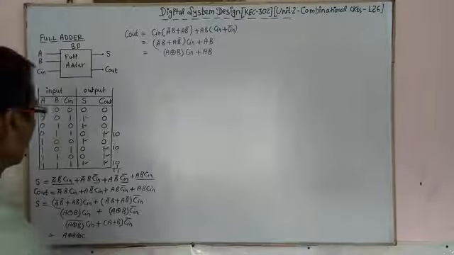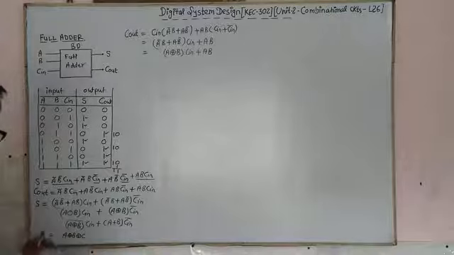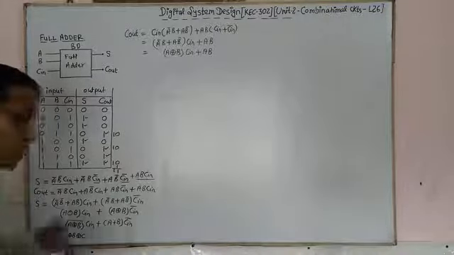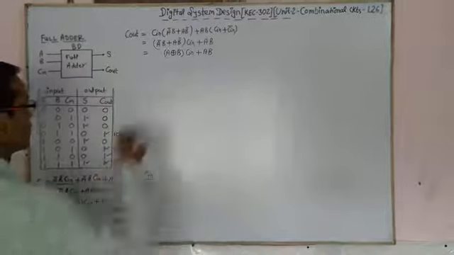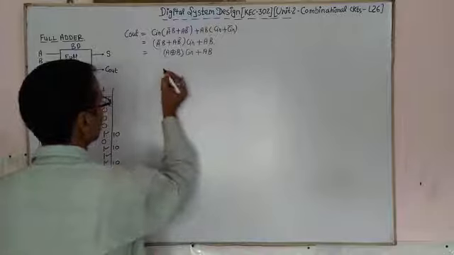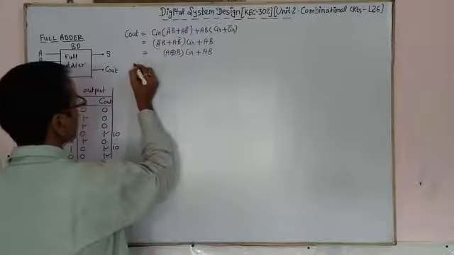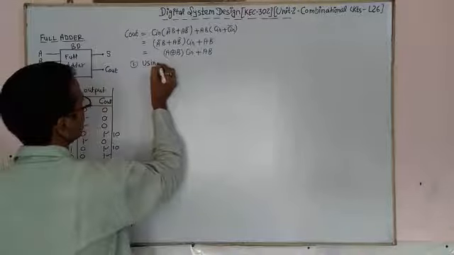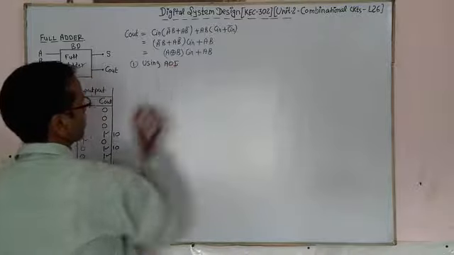So sum, first of all we are going to design sum. Sum is what? A XOR B, and then the A XOR B with XOR C. So first of all we will design A XOR B. So A XOR B is what? First is using AND, OR, inverter.